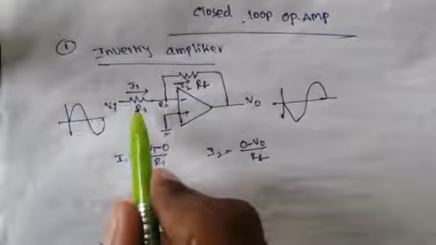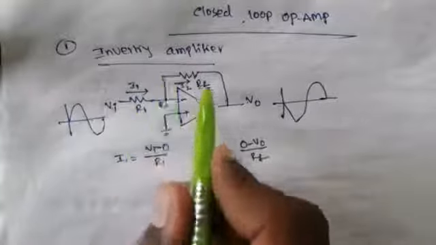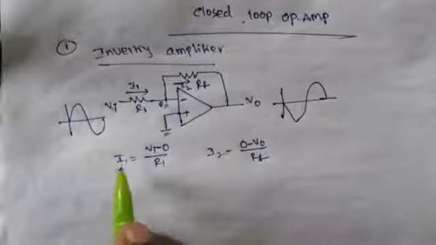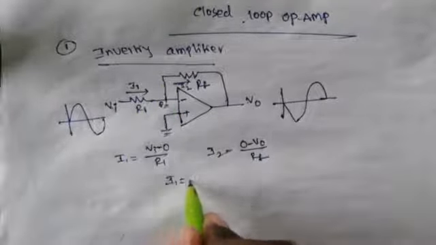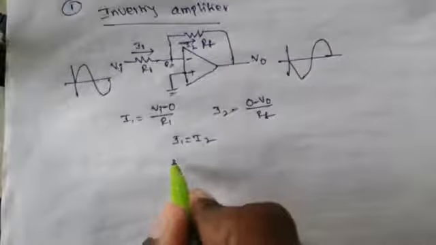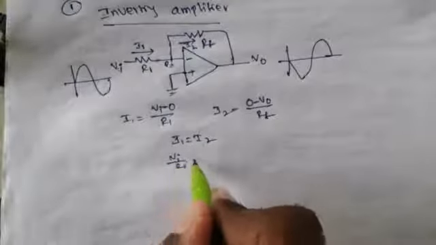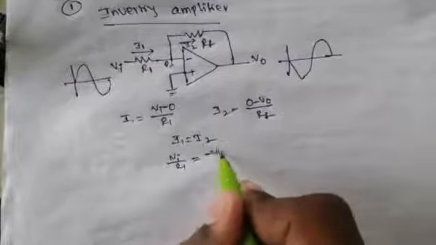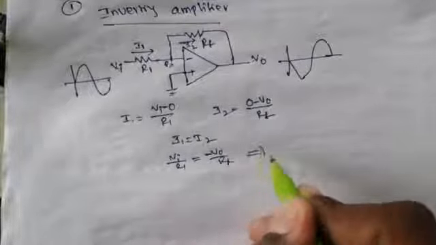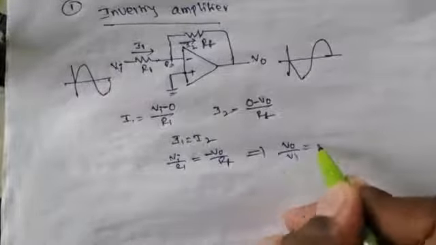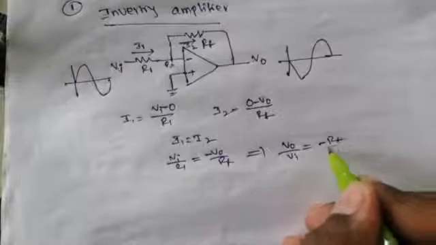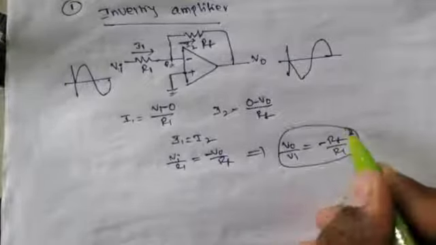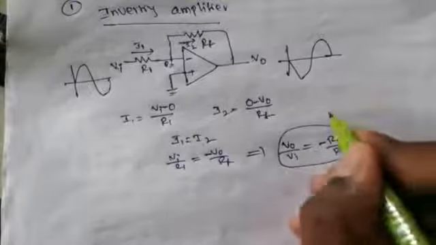Whatever current is at the input side goes through the feedback path to the output side. That's why the I1 current is equal to the I2 current. So Vi by R1 is equal to minus V0 by RF. From that, V0 by Vi is equal to minus RF by R1.